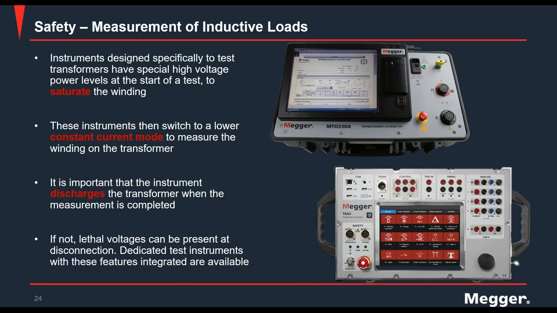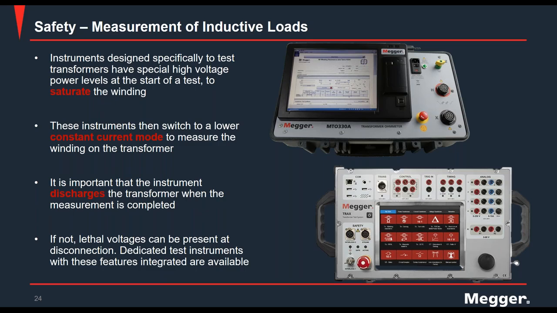I cannot stress this point enough that inductive loads are so important to be measured and so important to be handled in terms of safety, because instruments that are designed to test such inductive loads, such as a power transformer, have special higher voltage levels at the beginning of the test. This higher voltage level allows the windings of, say, a power transformer to saturate.